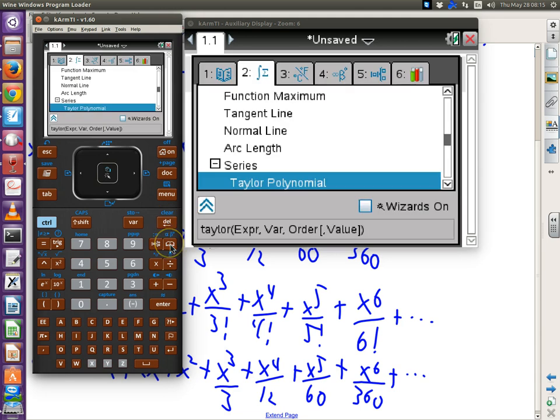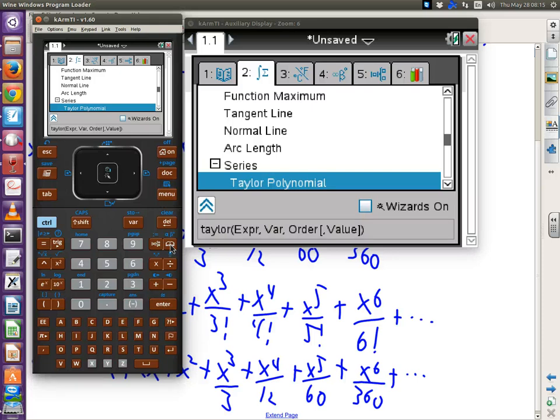So library, Taylor, there it is. So expression, variable, order, value. And the value's in square brackets, so it's optional. The expression is the function you're trying to get the Taylor series for. The variable is the independent variable you're talking about. And the order is the degree of the Taylor polynomial you want.